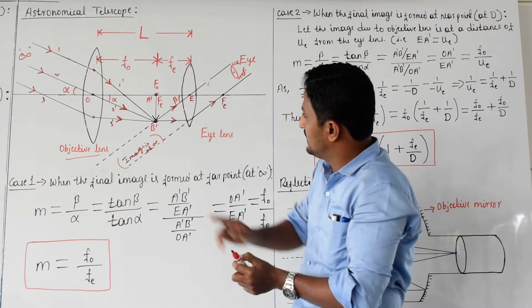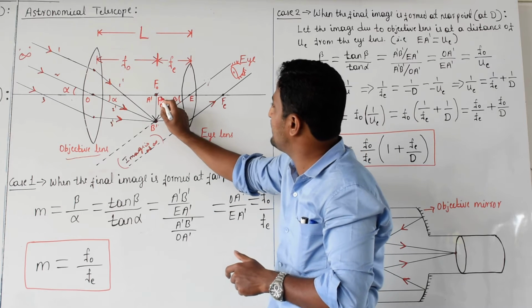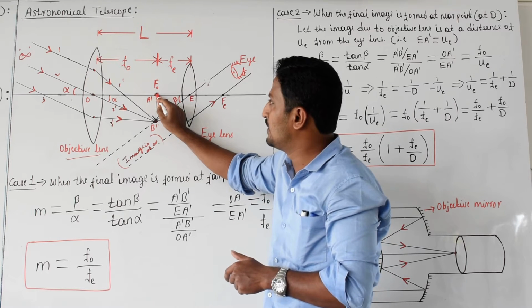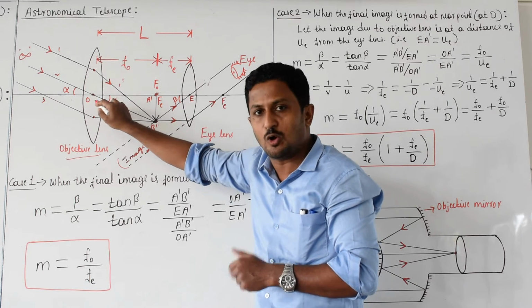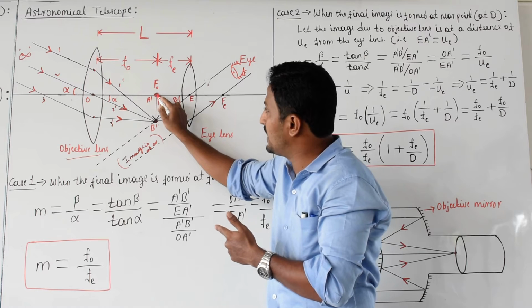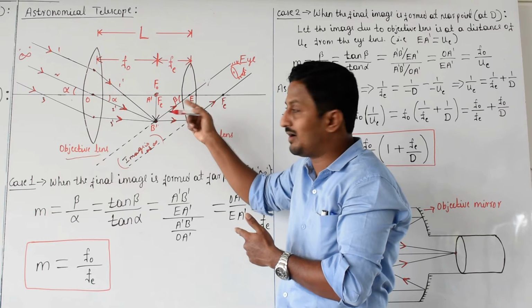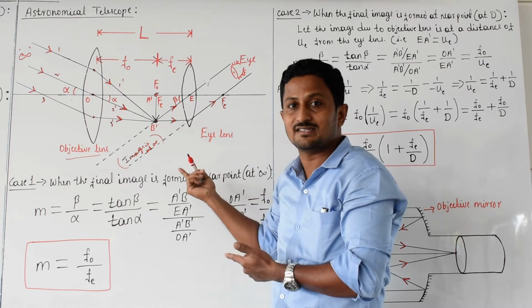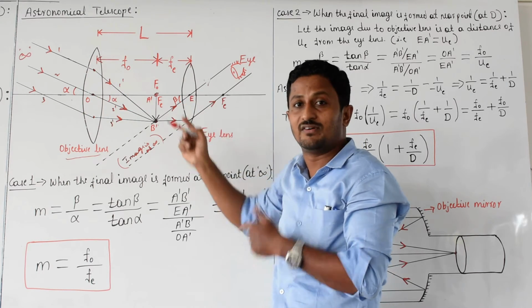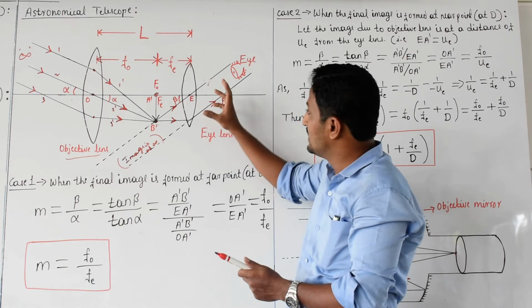This point we treated as the focus point for the objective lens, and we are also taking this point as the focus point of the eye lens. Focus point of the objective lens and focus point of the eye lens means what?